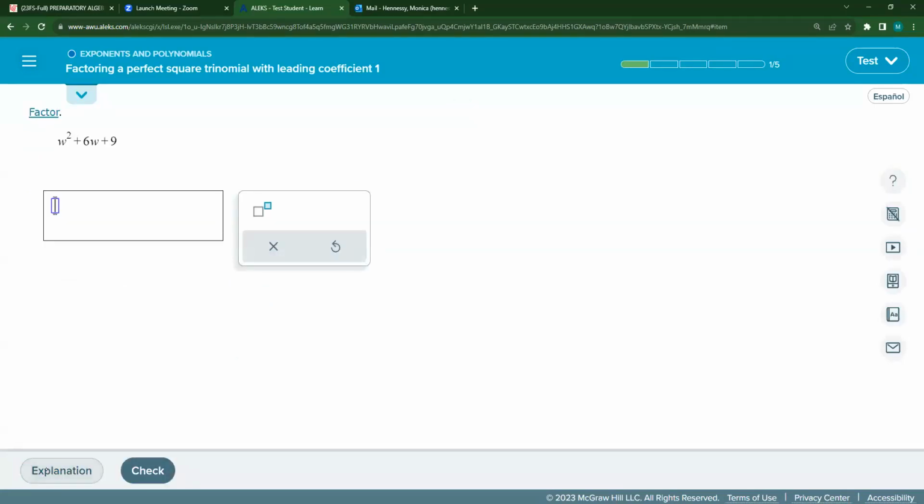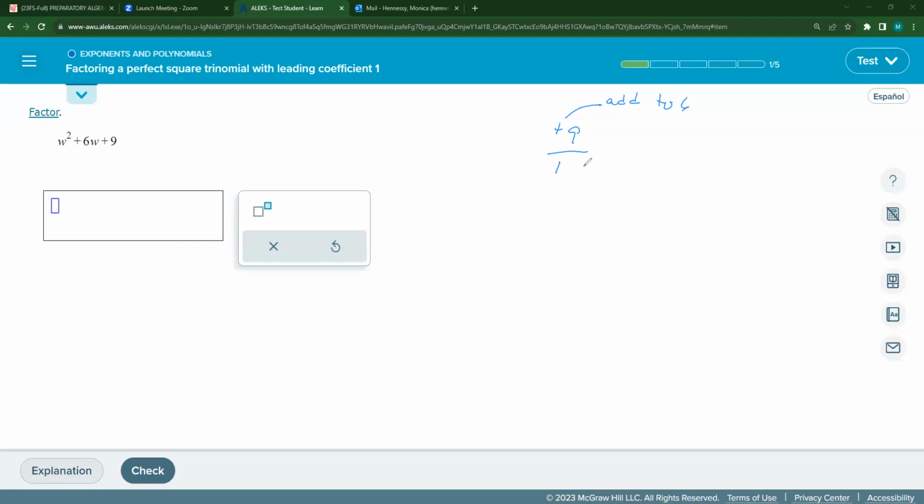All right, so this one, yet again, it is a special case. It is a perfect square, and the end is a perfect square, and the middle is twice the product of those two perfect squares. But I do it just like a regular trinomial, so I need the factors of 1 times 9, which is 9, that add, because it's a positive 9, they're going to add to 6.